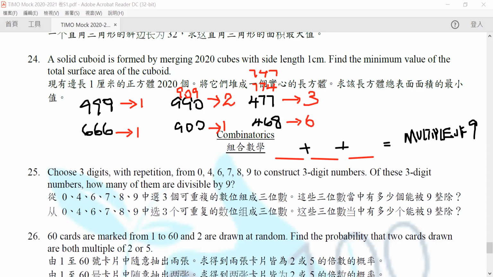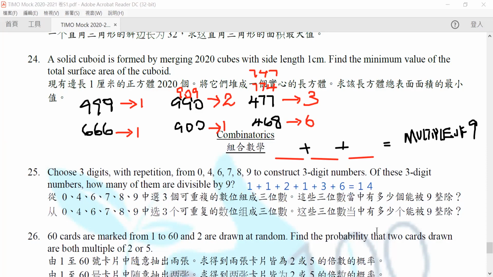Combining all together, the answer must be 1 plus 1 plus 2 plus 1 plus 3 plus 6, which is equal to 14. 14 is our answer.